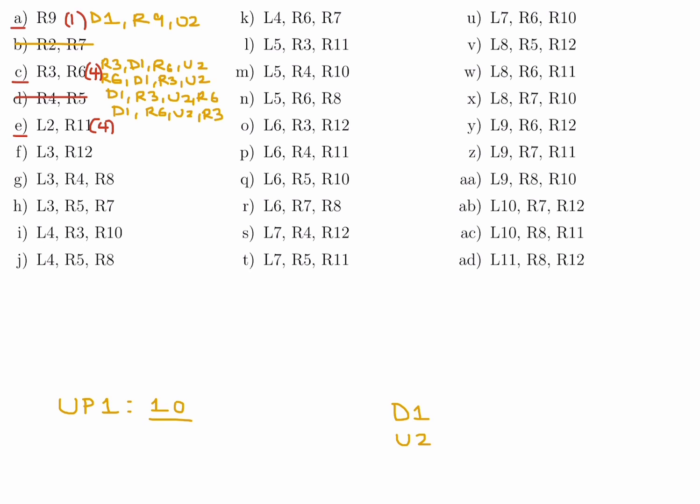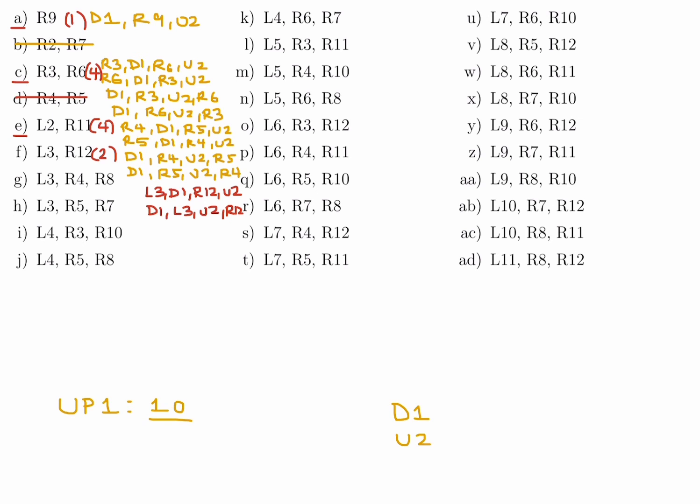So I'll just list them. These are the 4 for E. And then F, this guy here, that gives me 2. And those 2 are going to be L3, D1, R12, U2, and D1, L3, U2, R12.